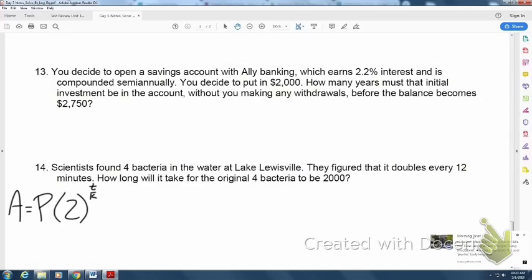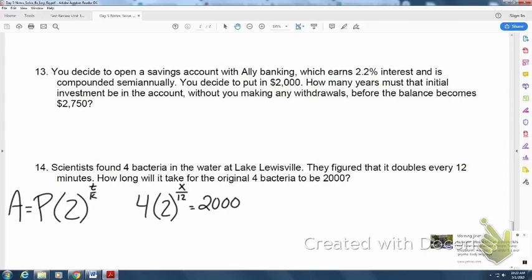So the initial value is 4. I'm going to multiply that by 2. I'm looking for the time. It takes 12 minutes to double. And I want to know how long it will take to get to 2,000.